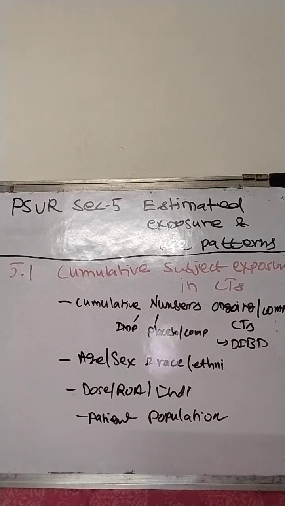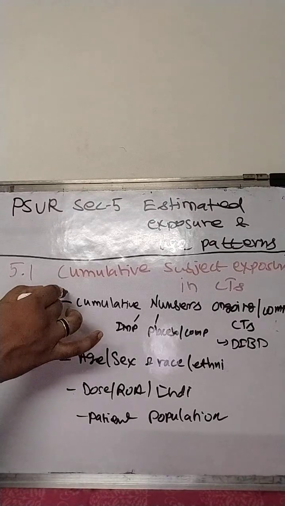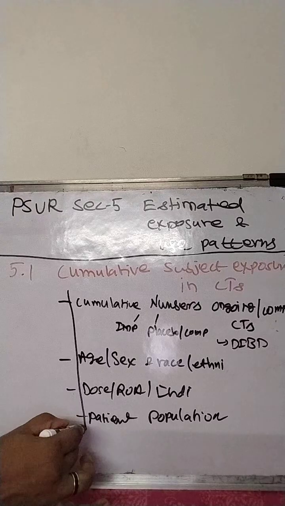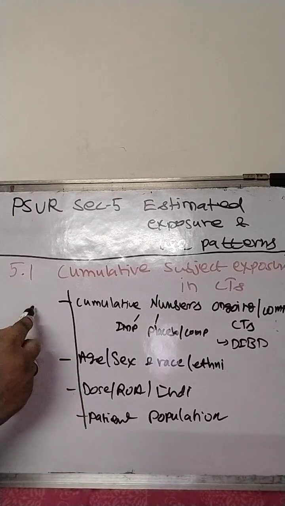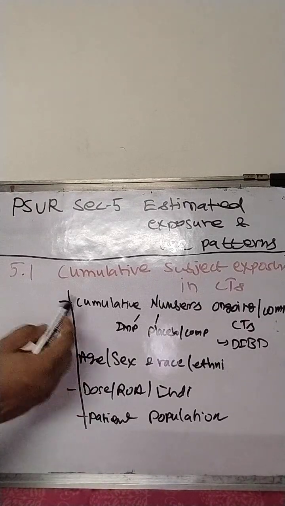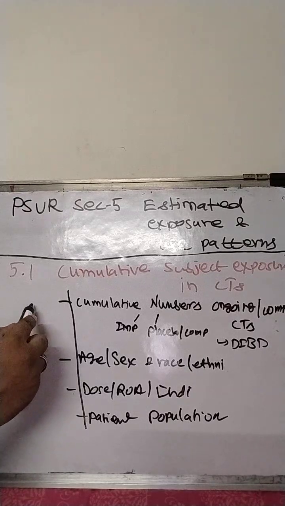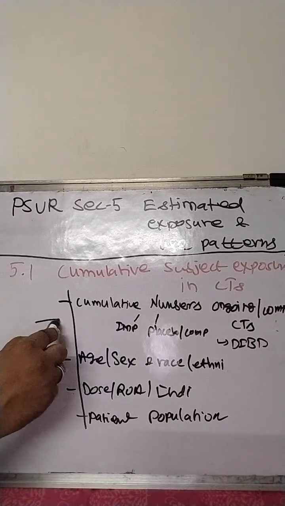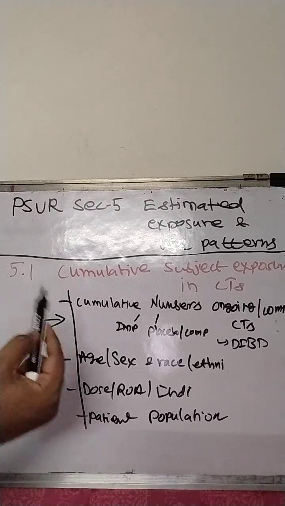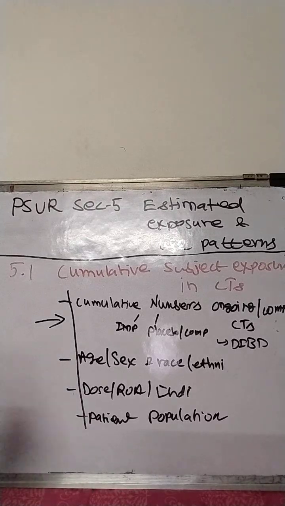And as you know, in clinical trials everything is under control, so you will probably be able to derive the exact, accurate subject exposure. One challenge to keep in mind is that here we always use the term subjects rather than patients. Sometimes there might be investigational exposure in healthy volunteers.